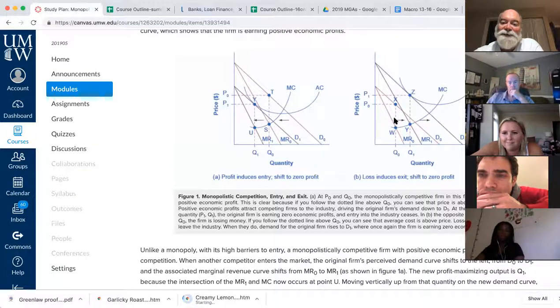Where MR0 intersects the marginal cost curve at point W, that's our profit maximizing level of output, Q0. Then you go up Q0 until you hit the demand curve, D0, and you read the price. So the good news is the firm is now maximizing its profits. The bad news is its price is way below average cost. Average cost is going to be up here somewhere. So they're losing a pile of money.